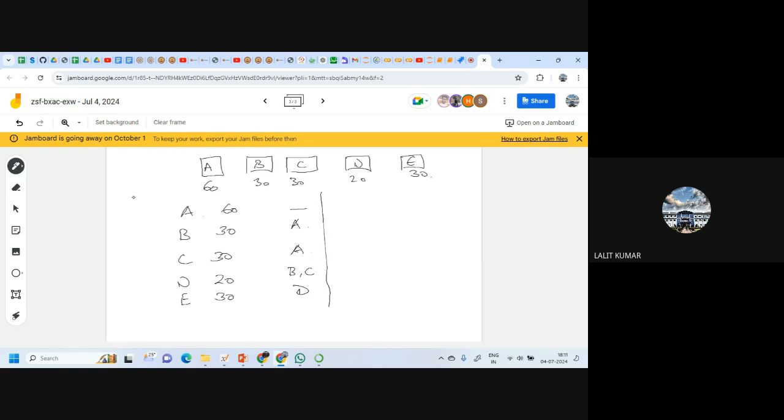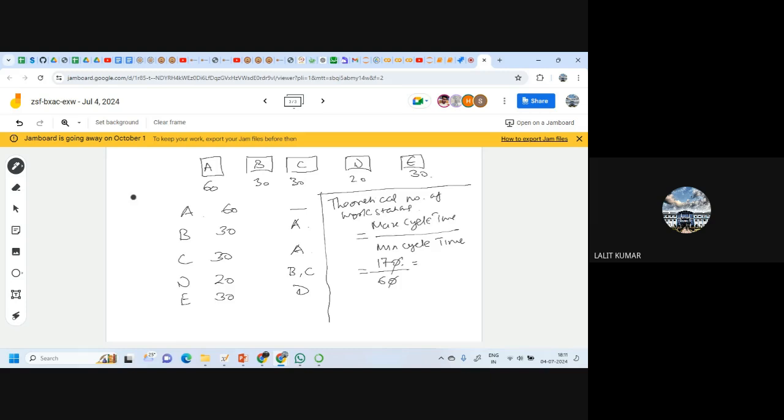Now, the next question is, what is the theoretical minimum number of workstations? This is nothing but the total time divided by the max cycle time, and it has to be an integer. The total time was 170, and this was 60.